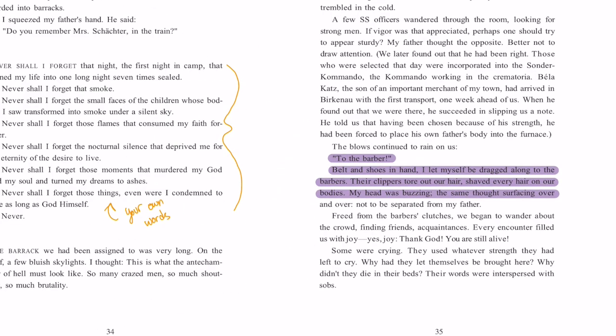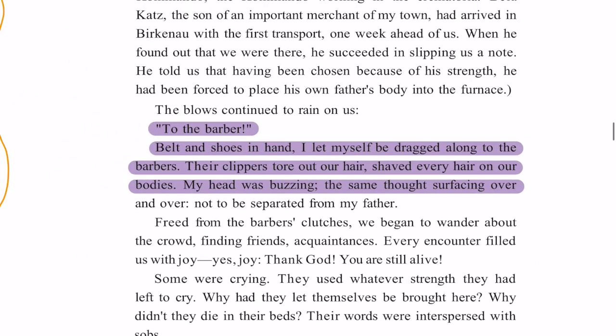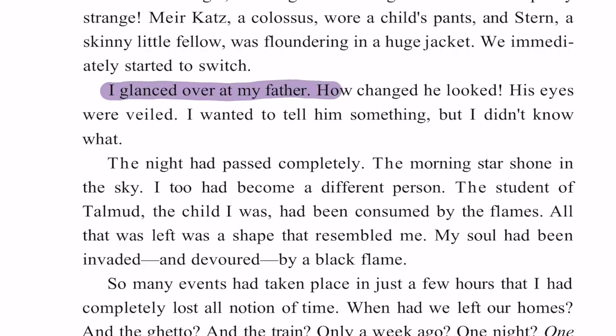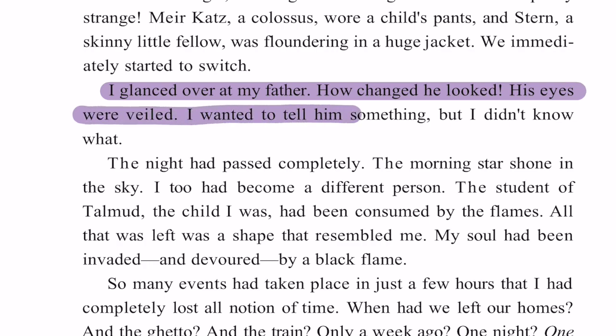So we have this experience that Eli is having when he gets to the barracks and they completely shaved their whole bodies. And Eli says something, glanced over at my father, how changed he looked. His eyes were veiled. I wanted to tell him something, but I didn't know what. Okay? Look at that.